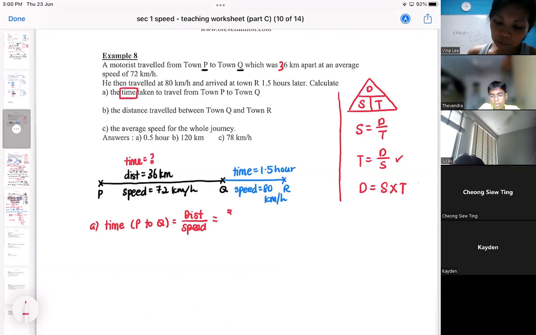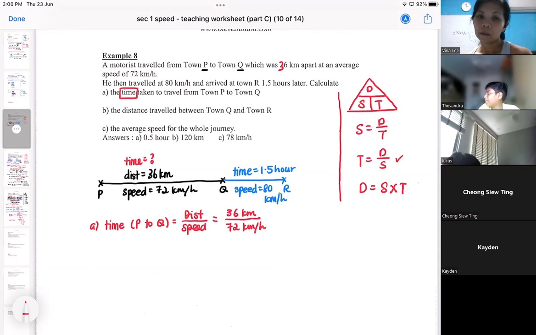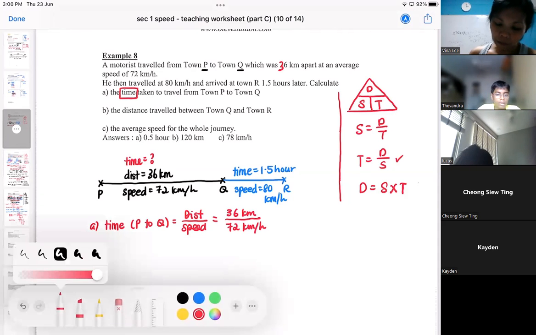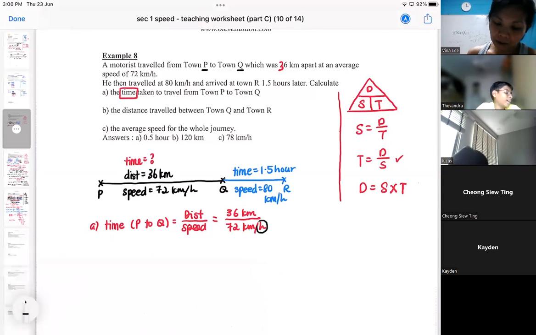And I will usually write the units for the distance. I will write the units for the speed. So when I do the formula, my answer is in terms of hours.